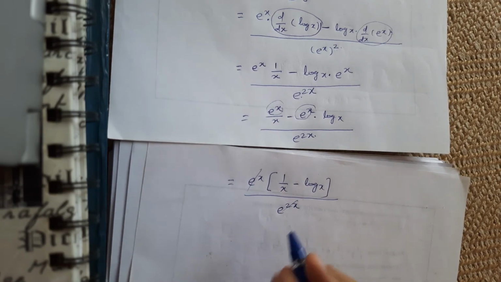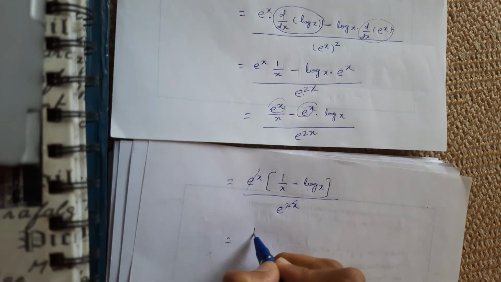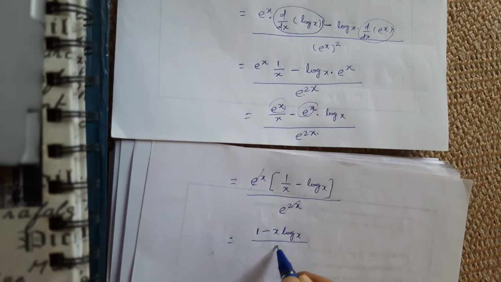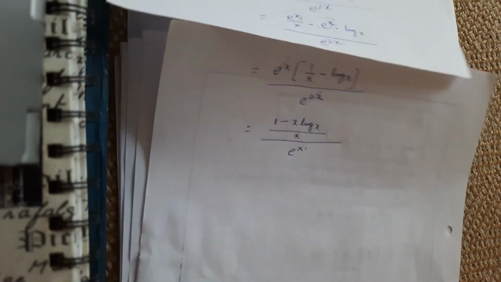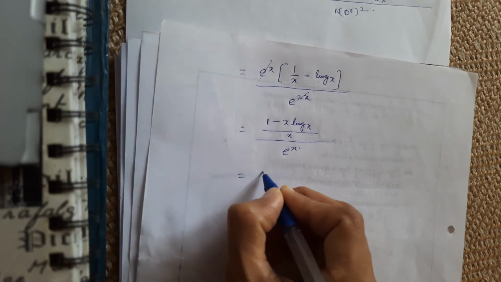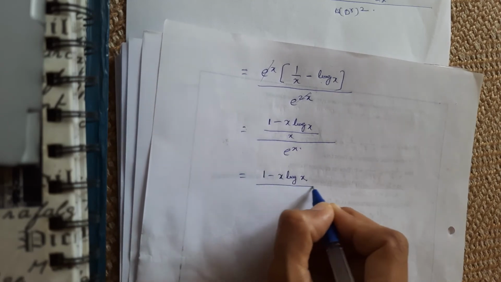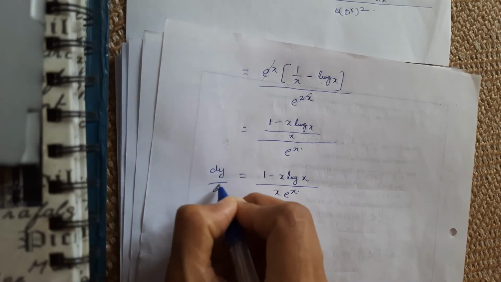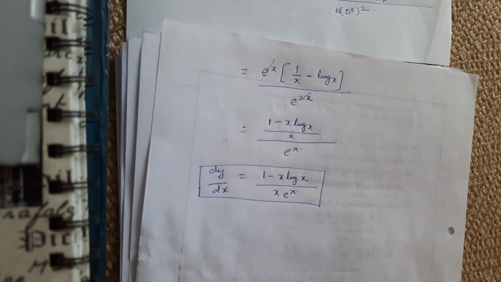So one e to the power x gets cancelled, and just subtracting, 1 minus x log x upon x e to the power x. That is dy by dx, the new value. Okay, so I hope you understand it.